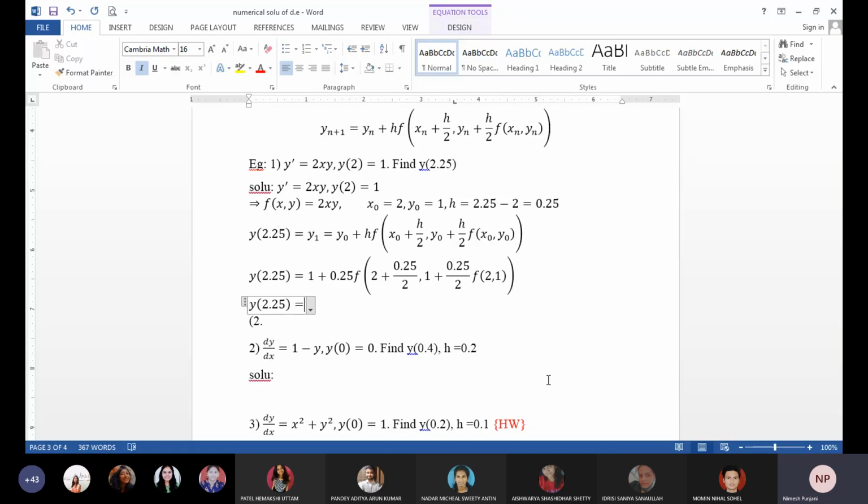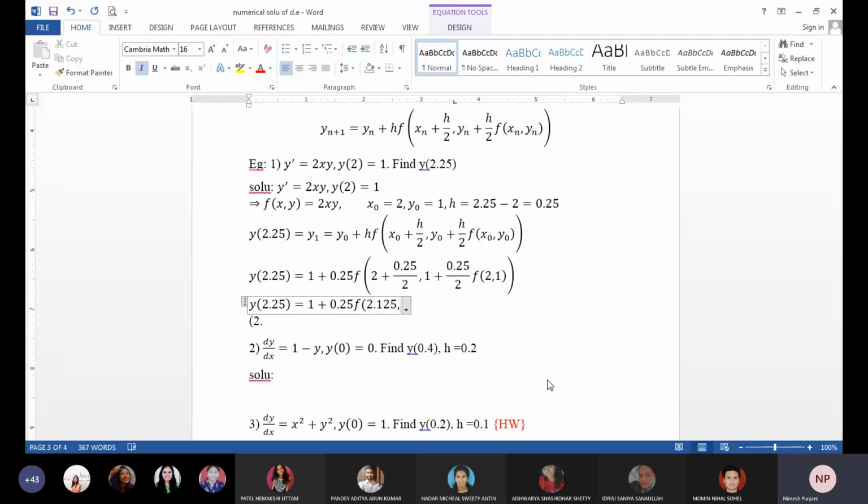y of 2.25 is 1 plus 0.25 multiplied by f of 2 plus 0.25 divided by 2, 2.125 is what I will get.